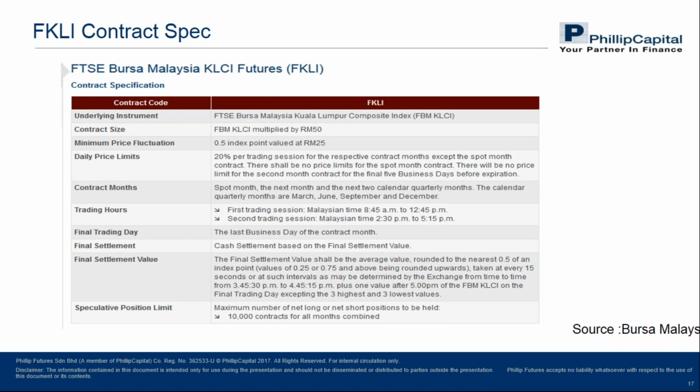For the viewers' information, the margin to trade KLCI starts from 4,000 ringgit. If you are an equity trader and you want exposure in Malaysia, one of the key markets you can always go into is the equities market. But there's always the hassle of thinking which stock in particular will be good enough or will capture the kind of rally that you see in the index.